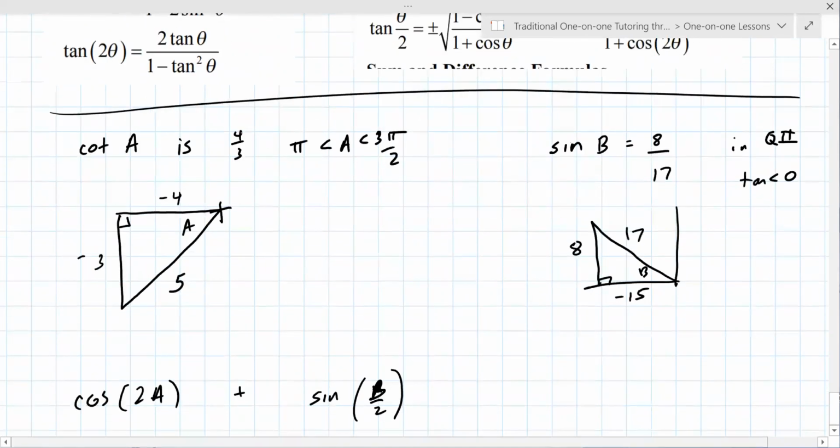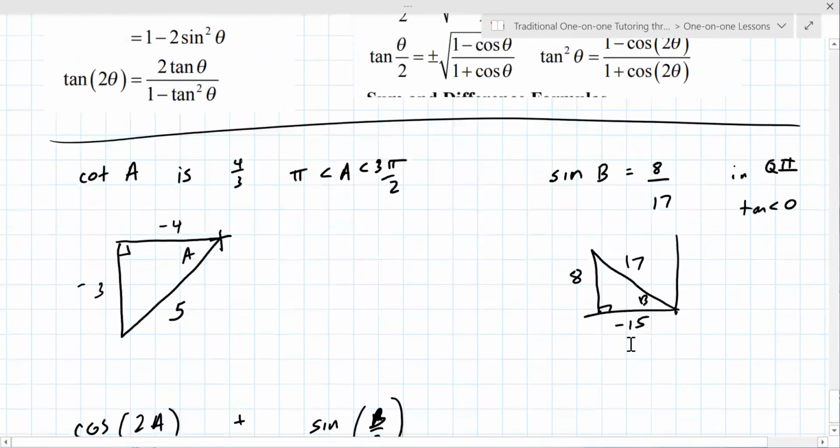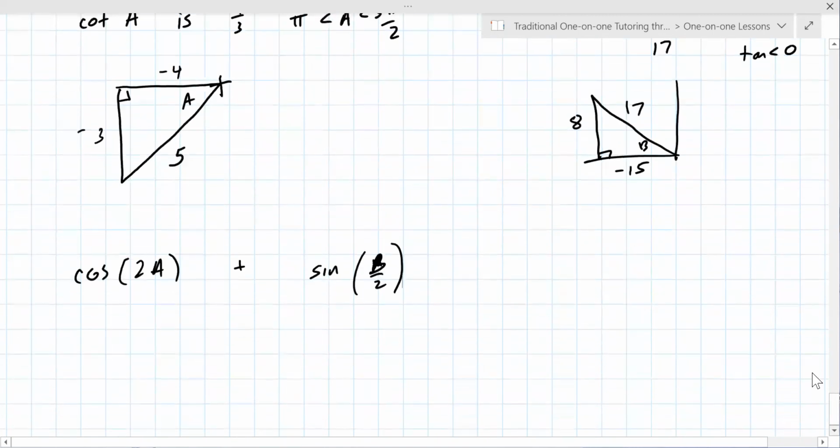So when you get cosine 2 theta, you have to choose one of these. And they're all kind of the same. I don't think one is easier than another. But I like the cosine squared A minus sine squared A for this one. So I go back here and use it.